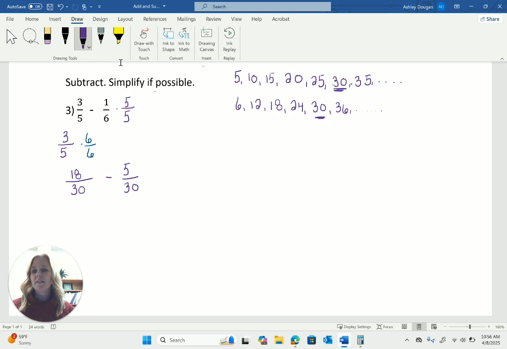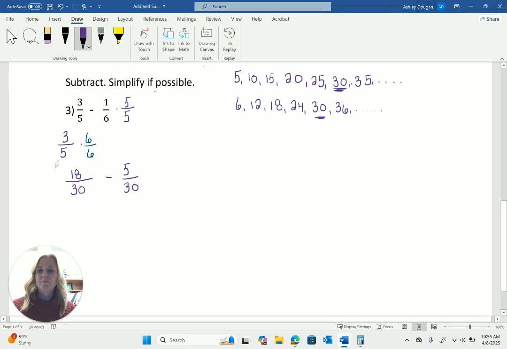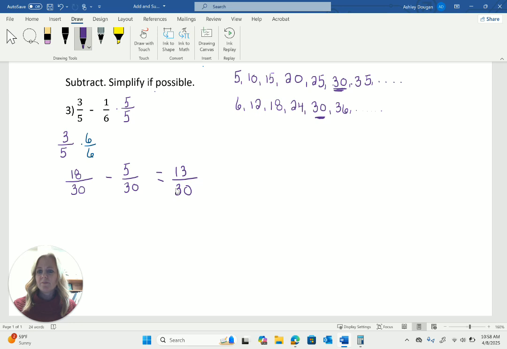So my new problem is now 18/30 minus 5/30. And we want to subtract the numerators and keep the denominator the same. 18 minus 5 is 13. And then it's over 30. So 13/30. We would want to look and see if we can reduce this problem, which 13 is a prime number, we're not able to reduce. So this would be my final answer, 13/30.